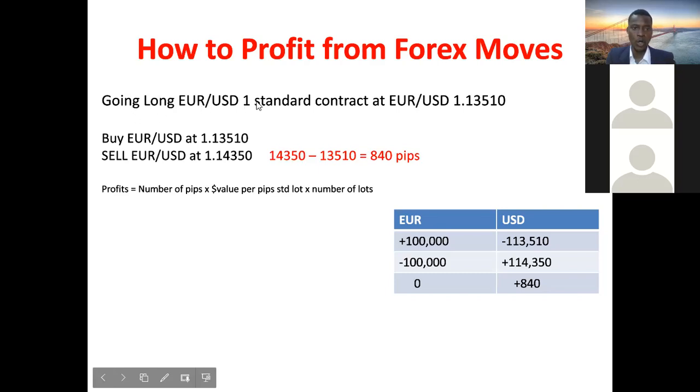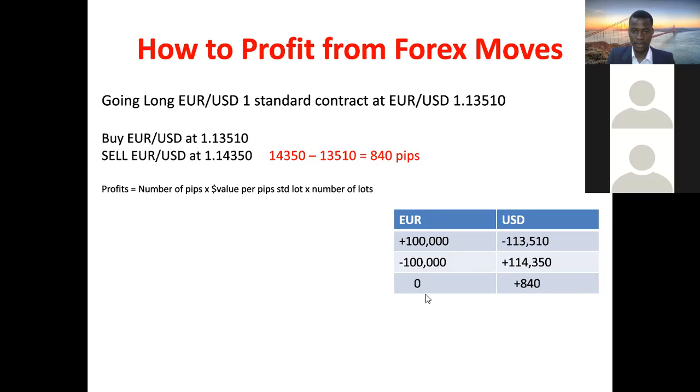We said if you go long, which means you buy one standard contract of Euro USD at 1.13510, you buy at this, then you sell at this. The difference between this and this is 840, supposed to be 84 because of the last number there. The profit is equal to the number of pips times the value per pip and the lot size.